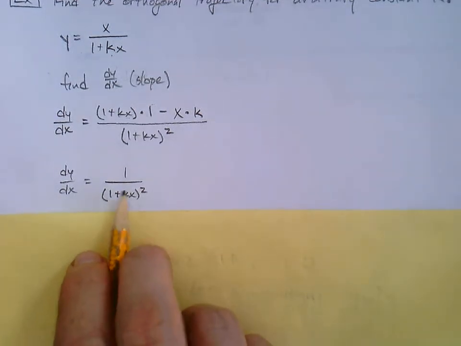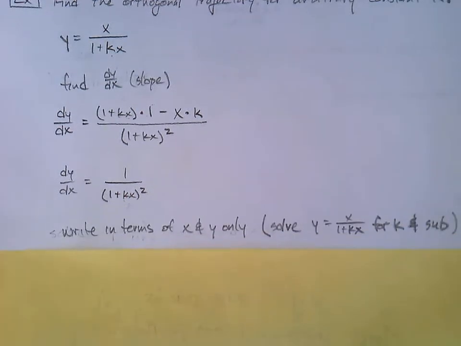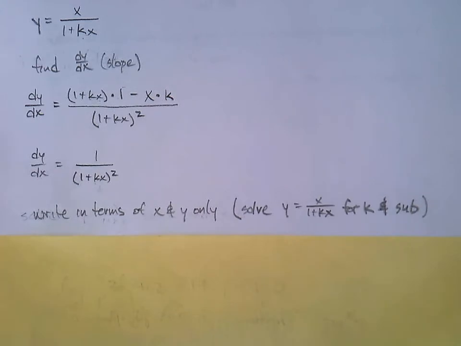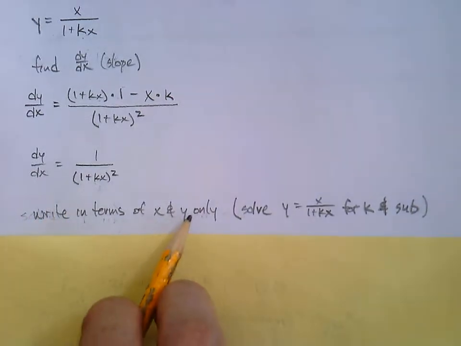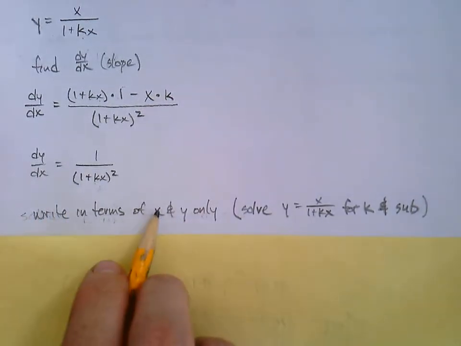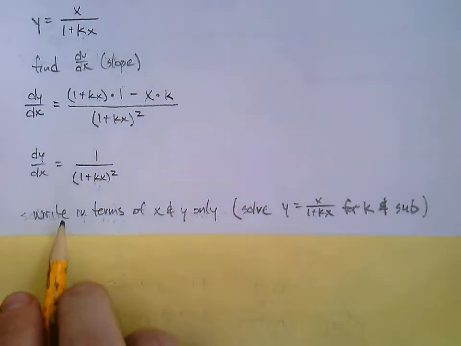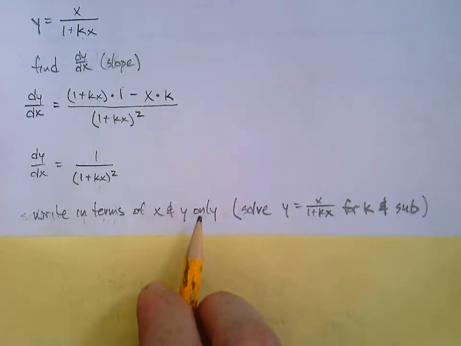We don't want k here. Well, what are we going to do? We're going to write our derivative in terms of x and y. Excuse me, I should have said in terms of x and y only. And that's going to end up giving us the differential equation. How are we going to write this derivative in terms of x and y only?